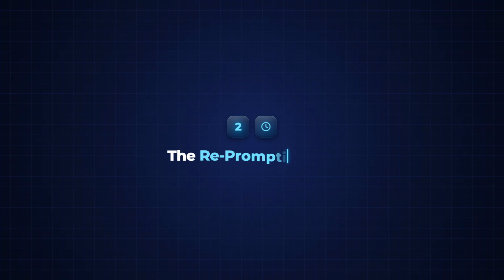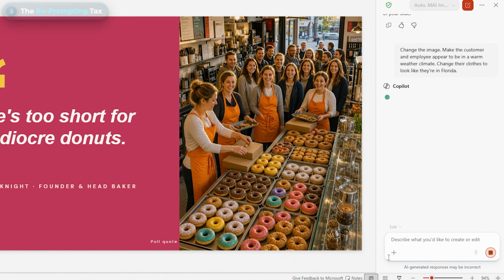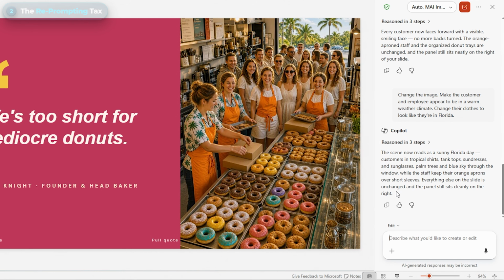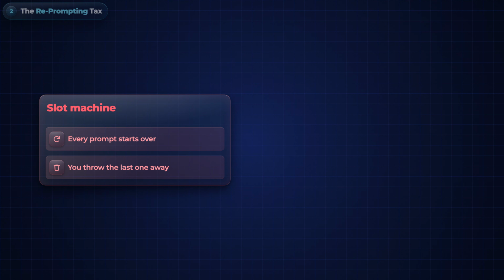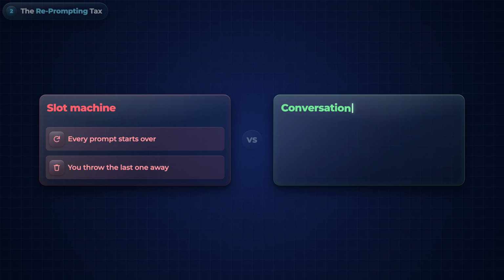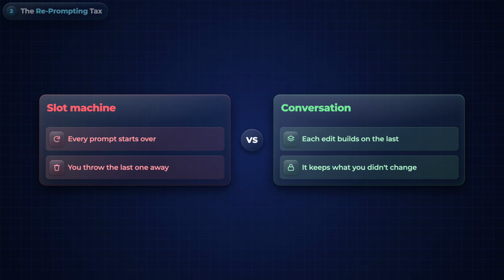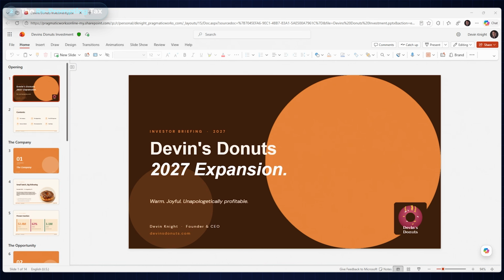That second one is really a big deal because each edit builds on the last one instead of throwing away what you did previously. That turns image creation from a slot machine where things change completely each time into an actual conversation. And that's the difference between an AI feature you try once and one that you can actually build into how you work.